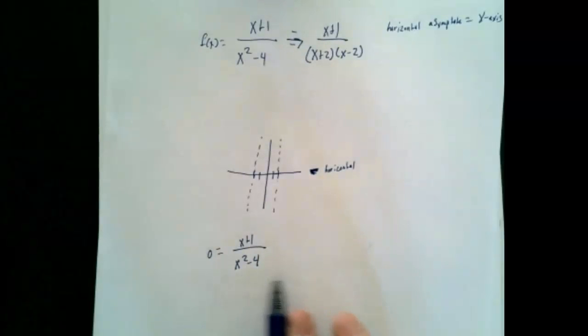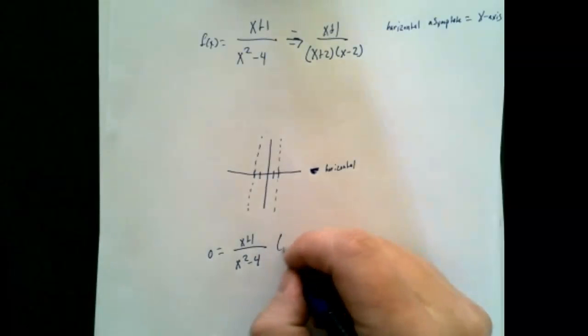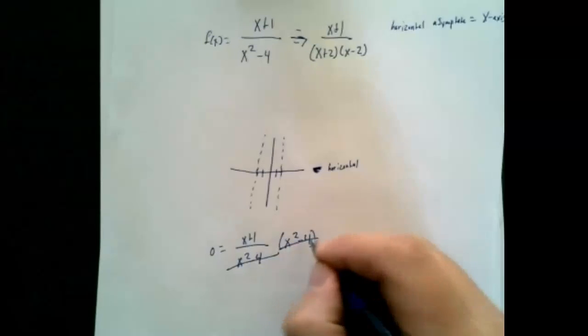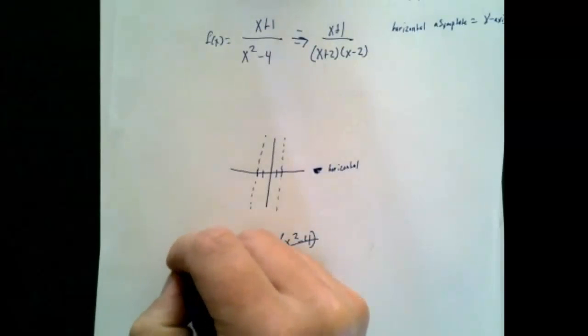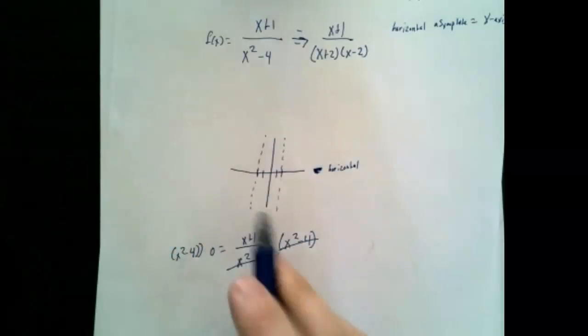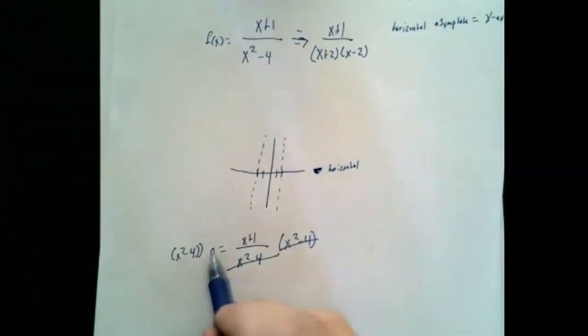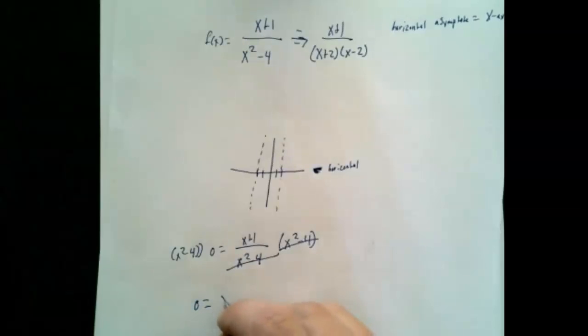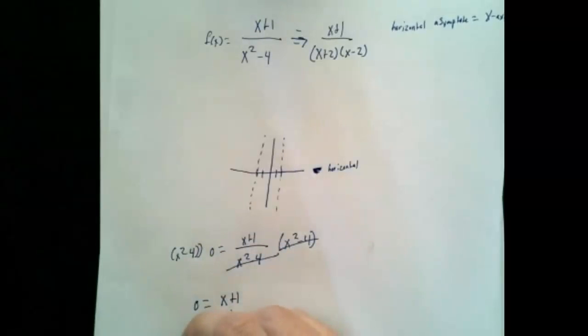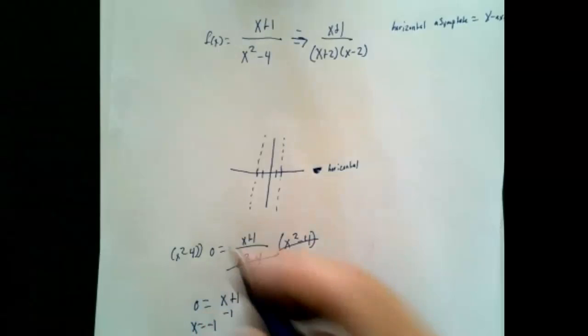In order to get this out of the denominator, we would have to multiply both sides by x squared minus 4. That's going to cause this side to cancel out. Anything times 0 is going to be 0. So once we carry out our multiplication, we have 0 is equal to x plus 1. We subtract 1. We get x at negative 1.